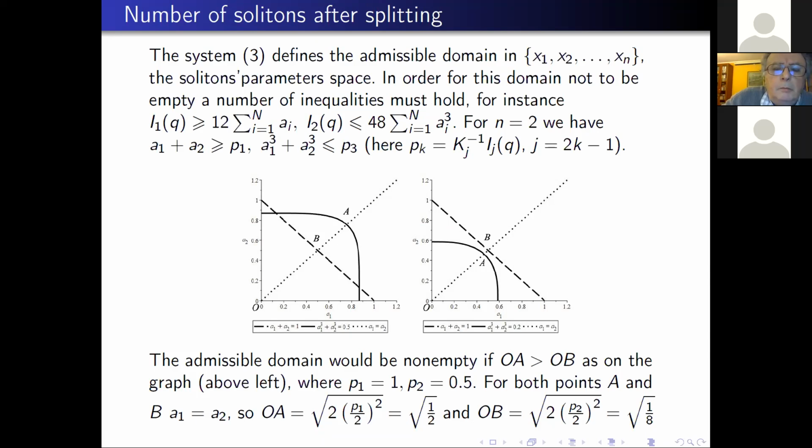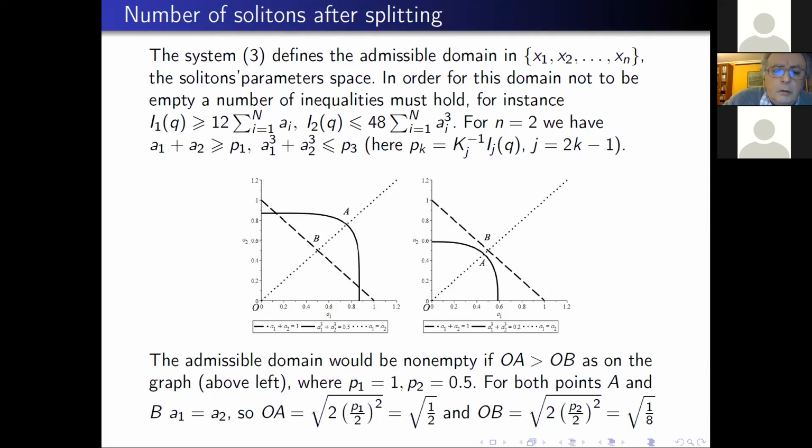And then we have a very short number of inequalities, namely this one, this, and this. Notations are given to the right. P_k is some normalization of conserved quantities.